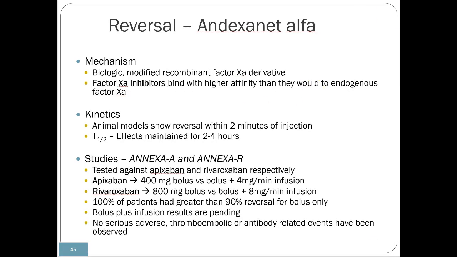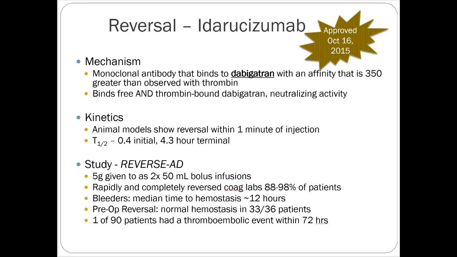Andexanet alpha, which is the one that reverses factor Xa inhibitors, and both of these drugs work pretty much the same way. They basically have, well, let's go back here for a second. You have a monoclonal antibody here that binds to dabigatran much more so than thrombin.